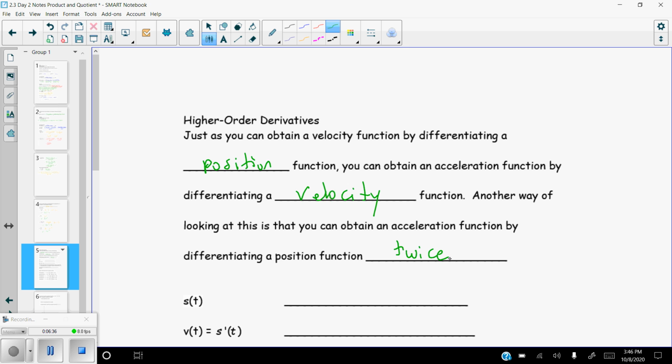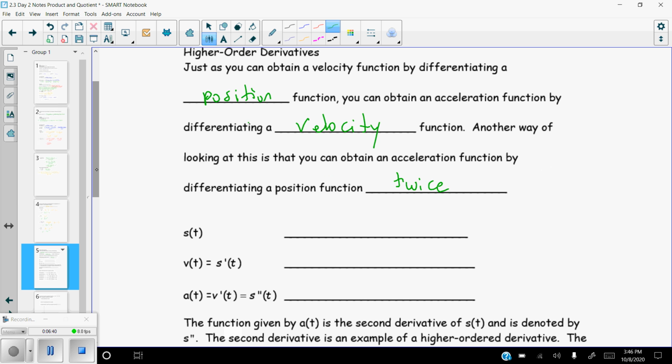There's a higher order derivative, two derivatives. So S of t represents position. I am not really sure why S has been used for position, but it is.